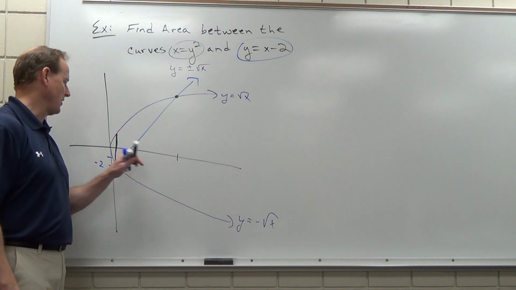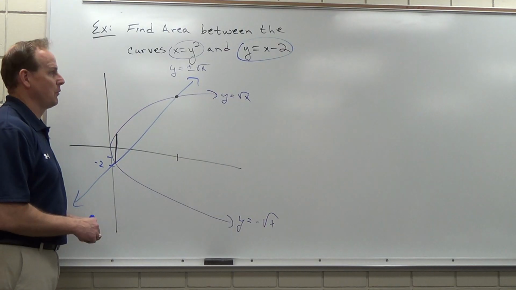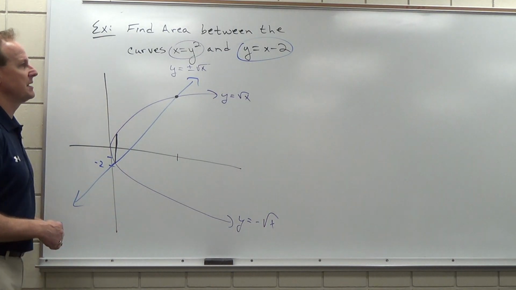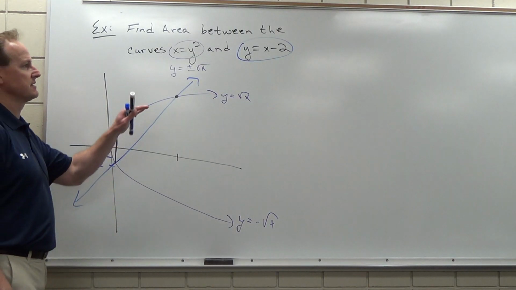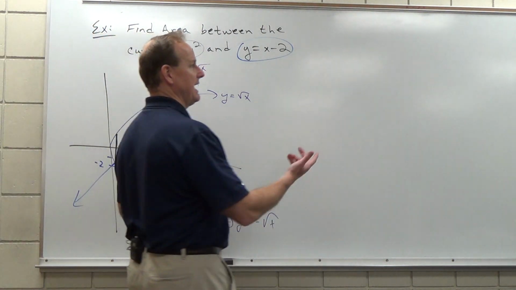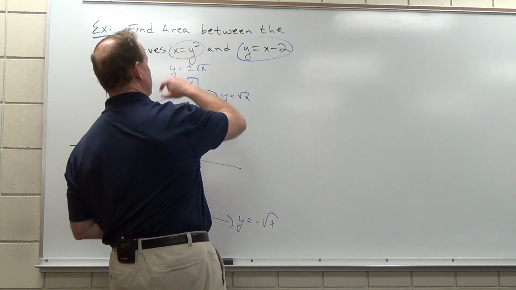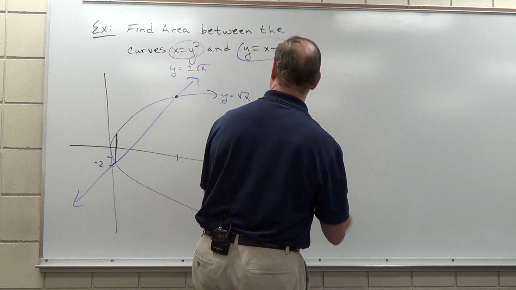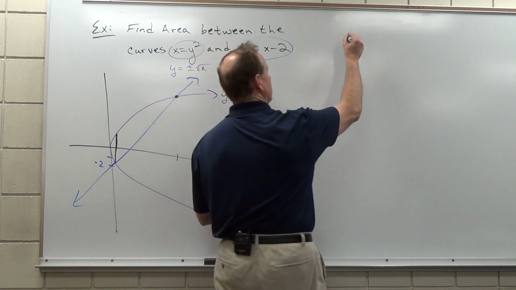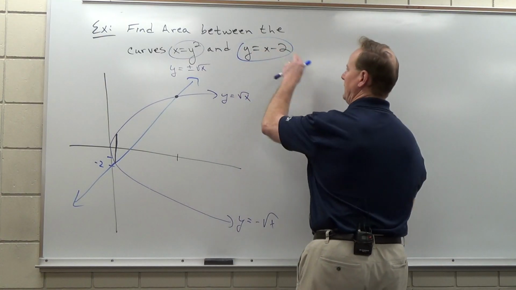The way we can figure out the x values where they're the same is we can simply solve this. We've got y equals plus or minus the square root of x, and over here I've got y equals x minus 2.